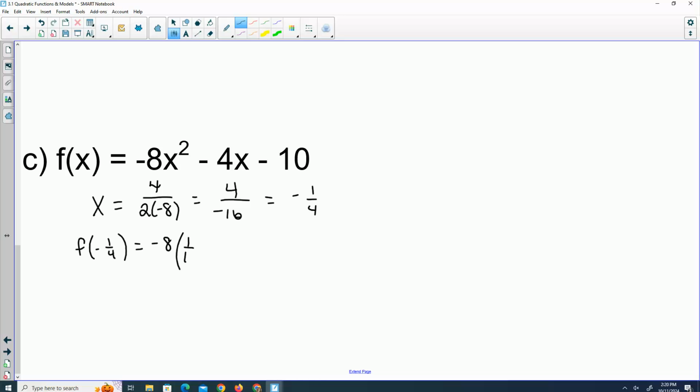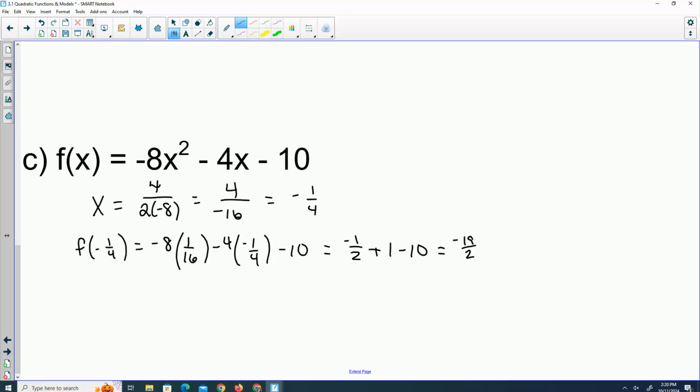Negative 1/4 squared equals 16. So you guys have calculators in your hand. I'm sure you did this faster. So what do we get? Okay.